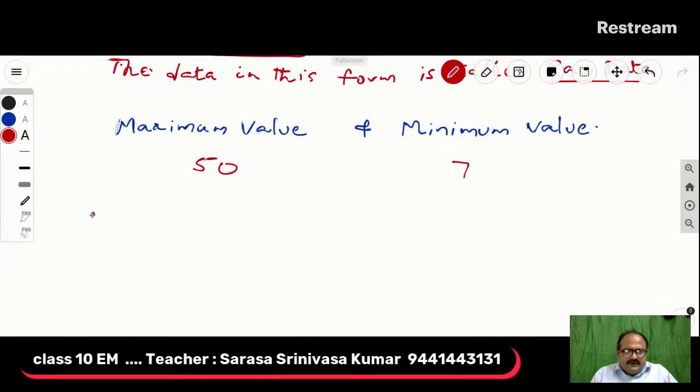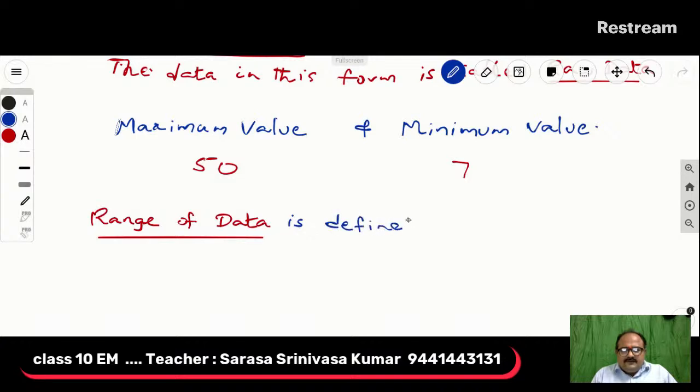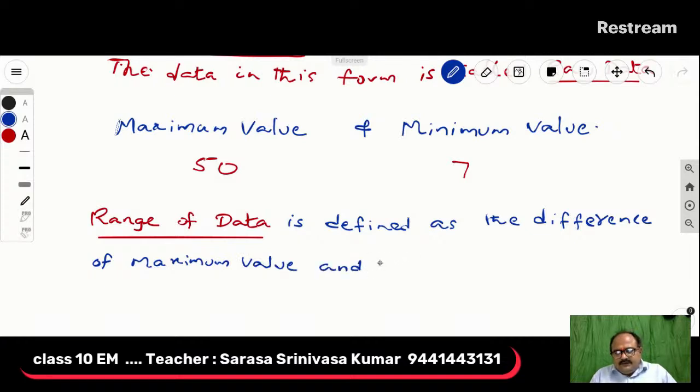So range of the data is defined as the difference of maximum value and minimum value.